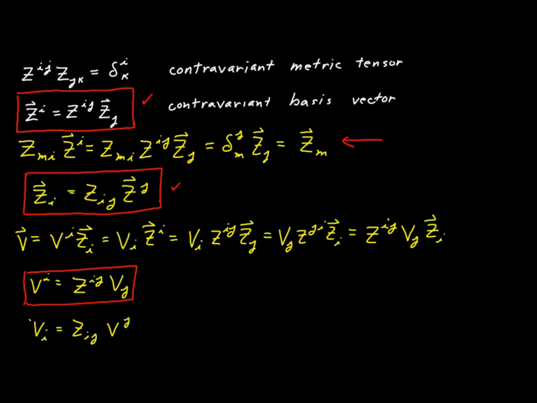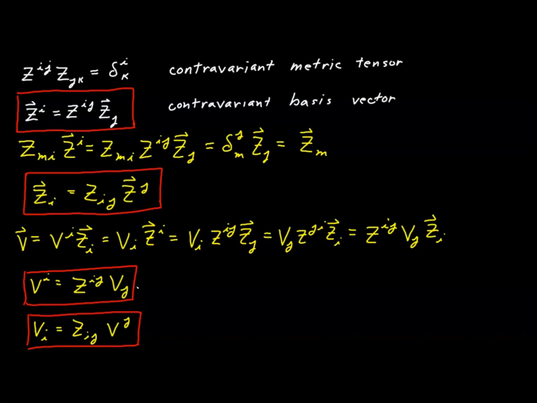And so we find that not only do we have a correspondence of expressions between this guy and this one, but we have a correspondence of this to this. So the same process of raising the index for our basis vector and lowering the index for the basis vector also works for the covariant and contravariant components, the scalar components of our vector.